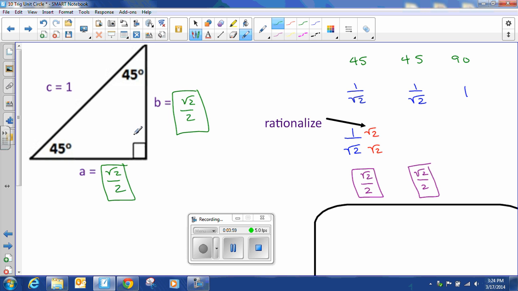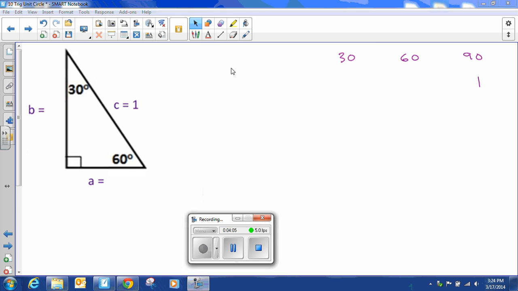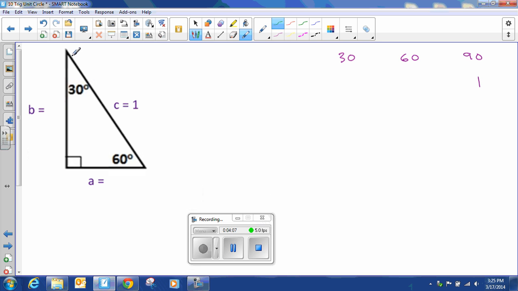All right, these are very important. I'll highlight them. Now when we look at a 30, 60, 90 triangle with the hypotenuse given as 1, and we need to find the other legs, we basically need to work backwards. We know that the side across from the 30-degree angle is half that of the hypotenuse. So it's half of 1, it's 1/2. We'll leave it in fraction form.